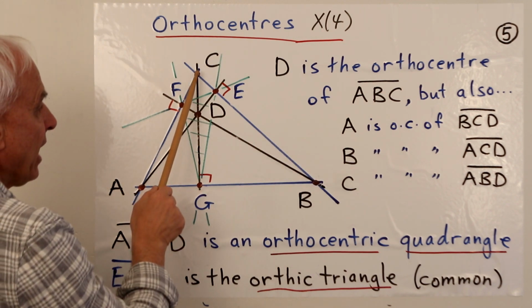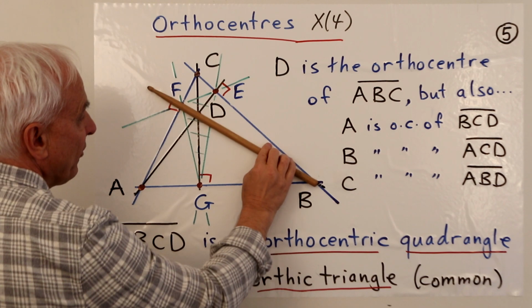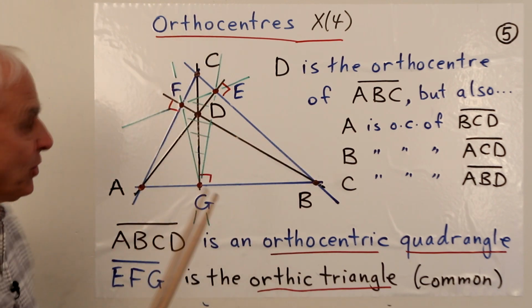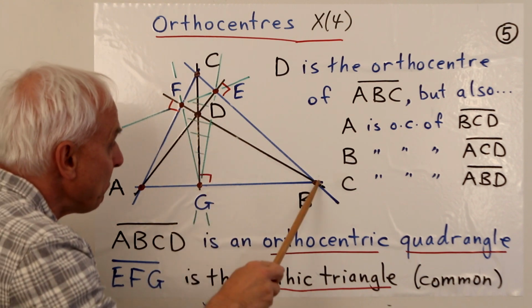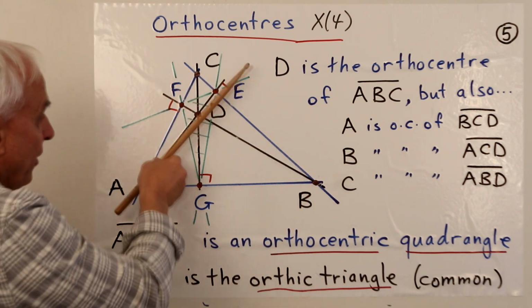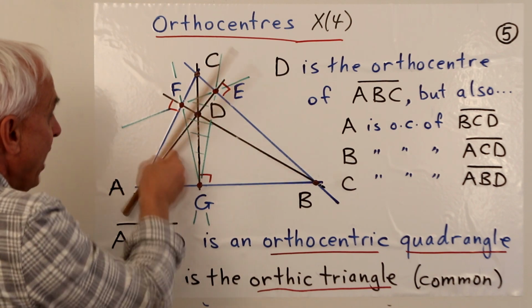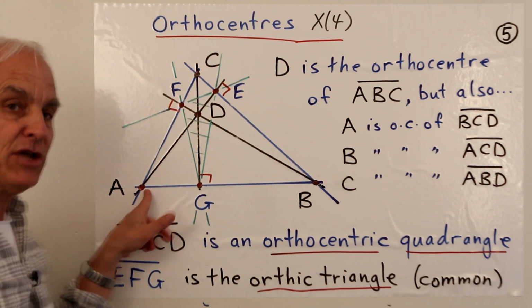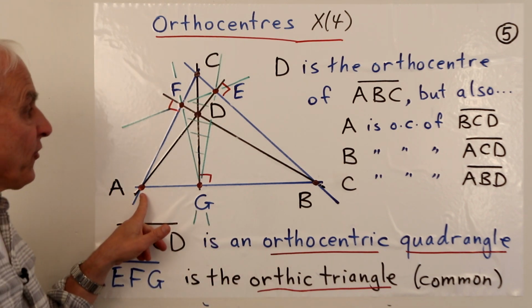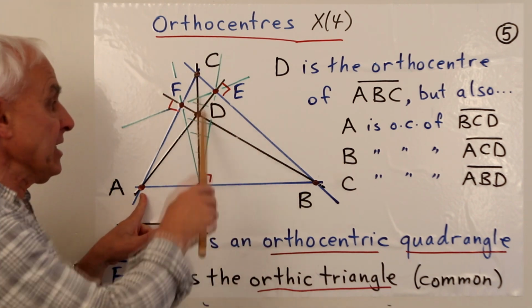And what about the altitude from C to this opposite side? That's going to be this line here. So the 3 altitudes of the triangle BCD are this line, and this line, and lo and behold, they do meet at the point A. So A is the orthocenter of the triangle BCD.